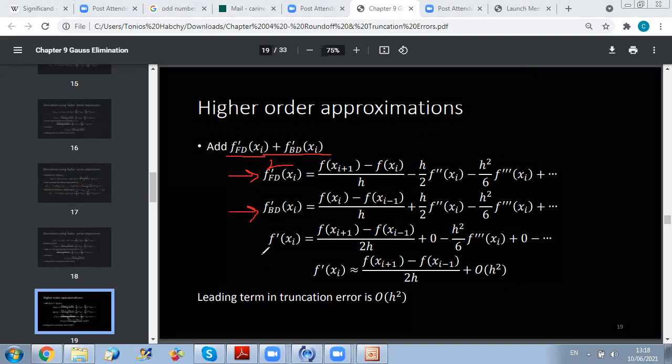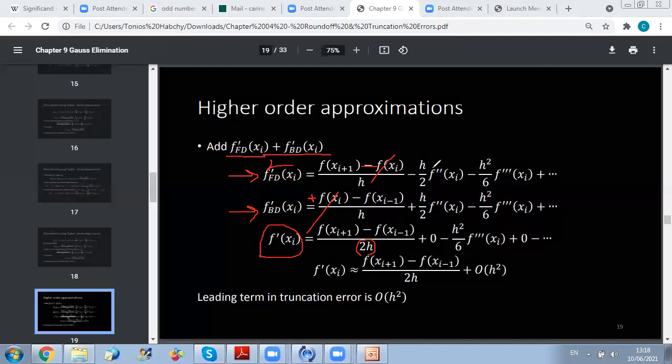As an approximation between the two, if you sum the two and divide by 2, you will see that f(xi) is simplified, because here you have minus f(xi) and here you have plus f(xi). So you have (f(xi plus 1) minus f(xi minus 1)) over 2h, because you are dividing by 2. What is nice about the centered method is that the error will be reduced.